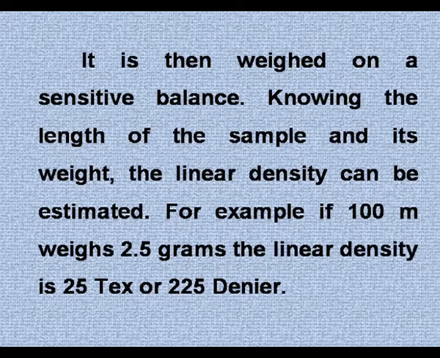Knowing the length of the sample and its weight, the linear density can be estimated. For example, if 100 meters weigh 2.5 grams, the linear density is 25 tex or 225 denier.